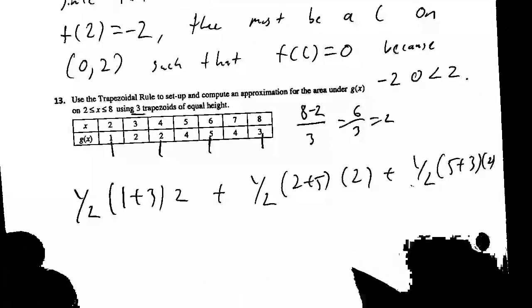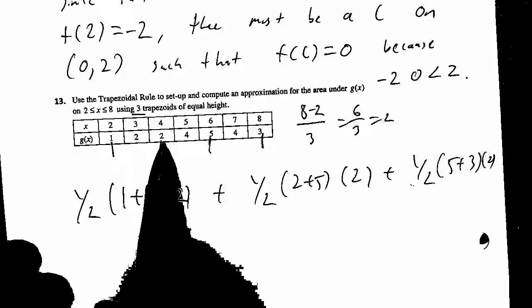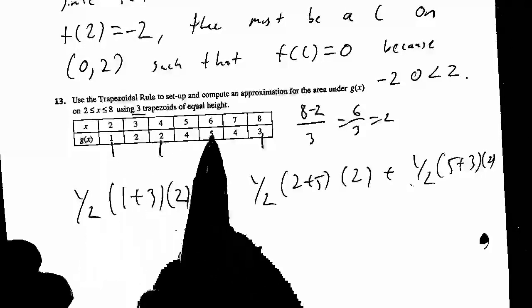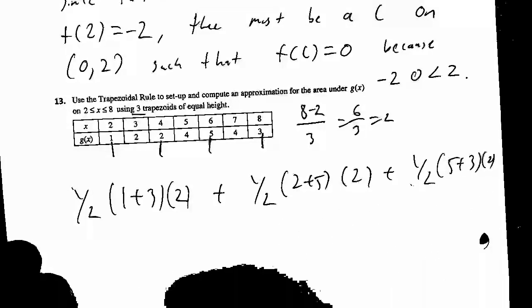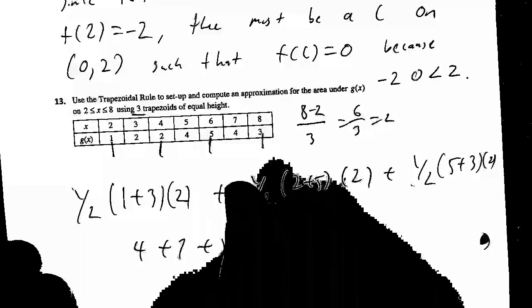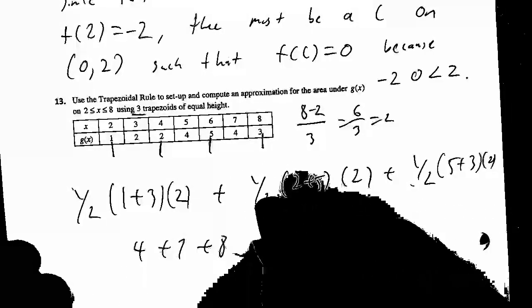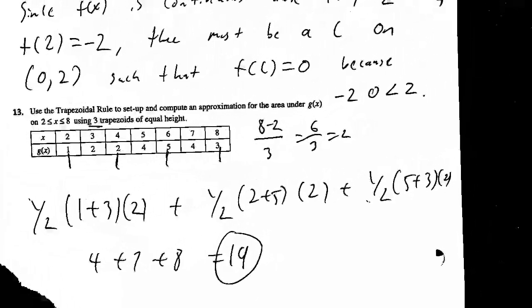The height, quote unquote, of all of them are all 2, so those stay. And then what's changing is the b1 and b2. So 1 and 2, 2 and 5, 5 and 3. So the half and the 2 cancel on all of these. So we're just going to have 4 plus 7 plus 8. So that's 12 plus 7 is 19. Okay? All right, last question.